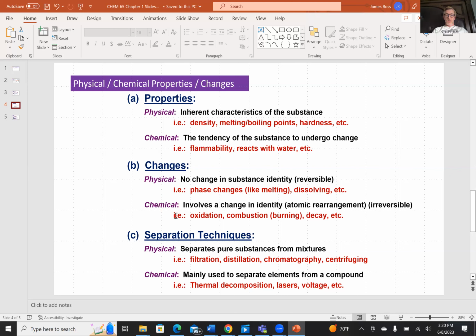Physical and chemical changes. Again, this idea of reproducibility for physical is because it's a reversible change. Phase changes are reversible. A phase is the state of the matter, whether it be a solid, liquid, or a gas. You can change from a solid to a liquid to a gas back and forth repeatedly without altering the material. For example, you could take solid ice, which is just solid water.